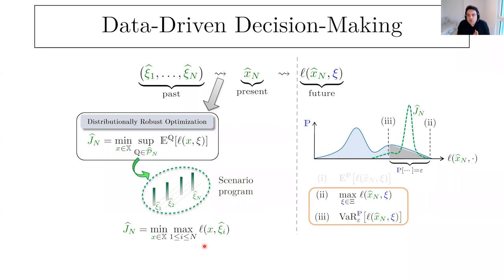And here I want to highlight two results about this J hat n. If the loss function is convex in X, it turns out that just convexity in X allows us to show that J hat n is going to be rapidly concentrated on the right-hand side of number 3. That was the first result.